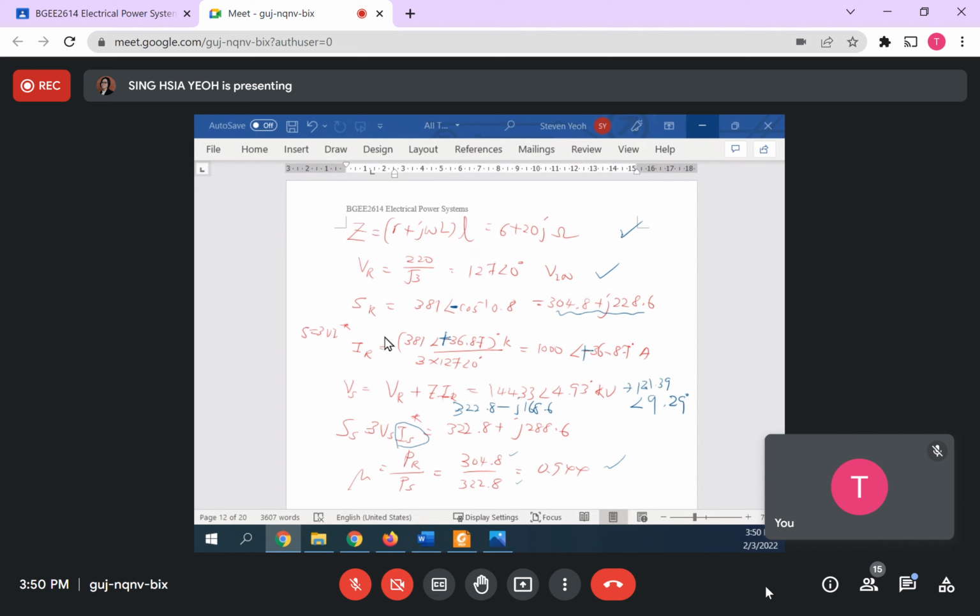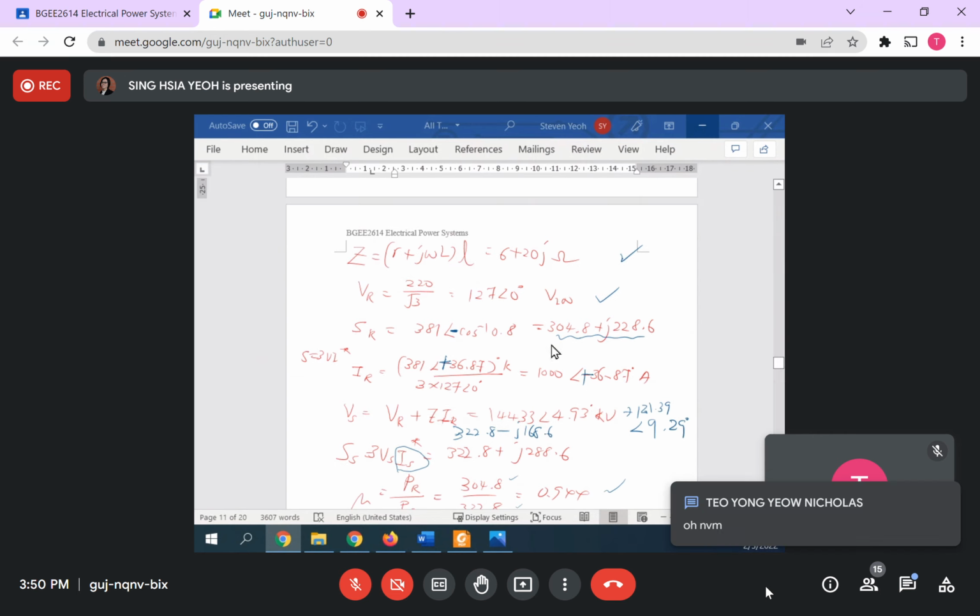IR 800. How can you get 800? For per phase, it's impossible to have 800. If you have 800, is it because you didn't divide by this 3? I think it's not so, because this SR value is quite confirmed already.